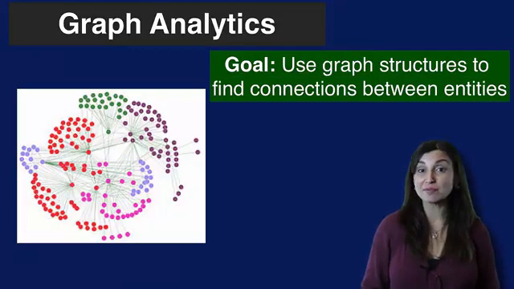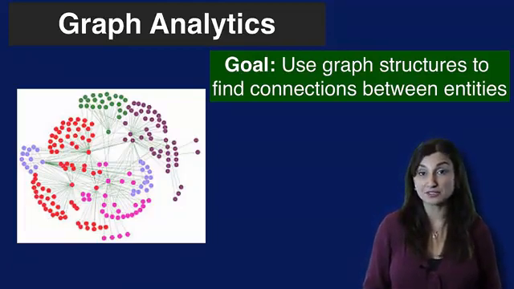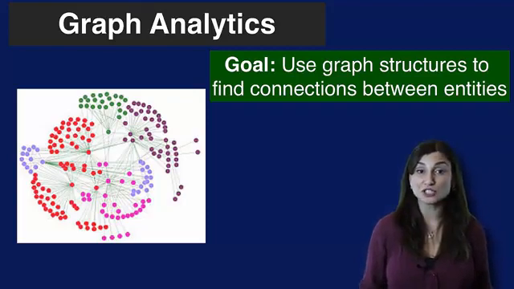When your data can be transformed into a graph representation with nodes and links, then you want to use graph analytics to analyze your data. This kind of data comes about when you have a lot of entities and connections between those entities, like social networks.